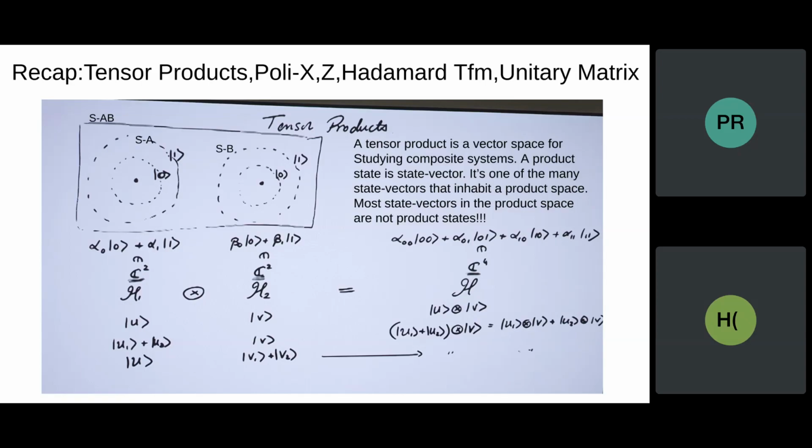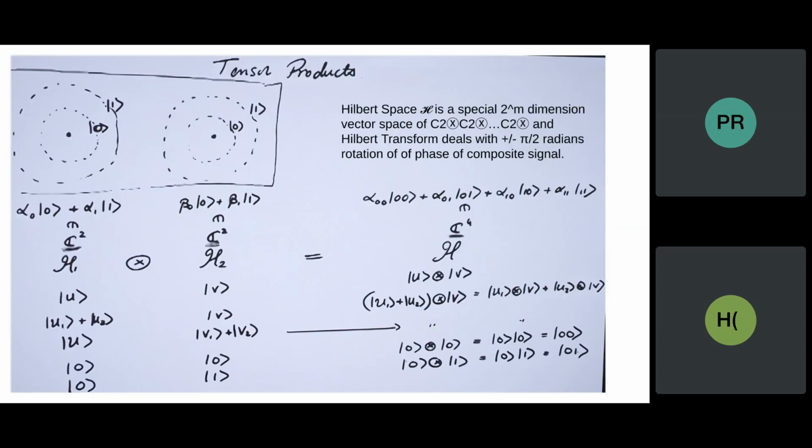One is the Hadamard matrix, another is the Hilbert space associated with the 2 to the power m dimension vector spaces, which deals with the rotation by pi by 2 radians, basically plus minus pi by 2 radian rotation of phase. That is what Hilbert space deals with. But since we ignore the phases, it doesn't impact us right now.